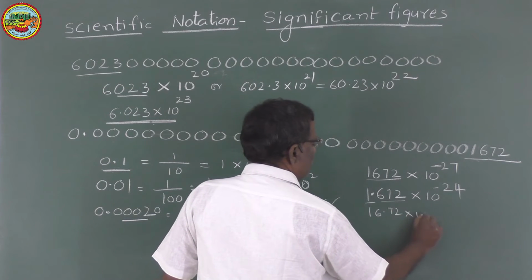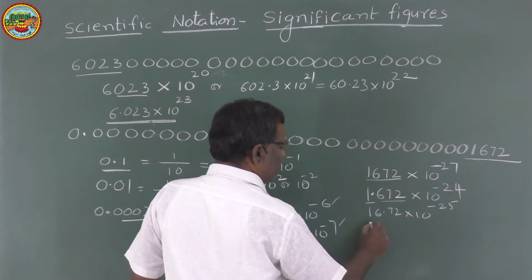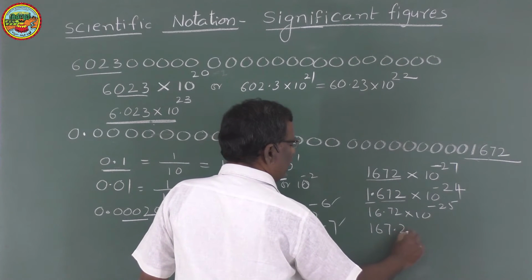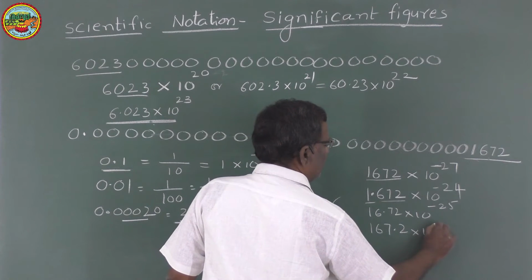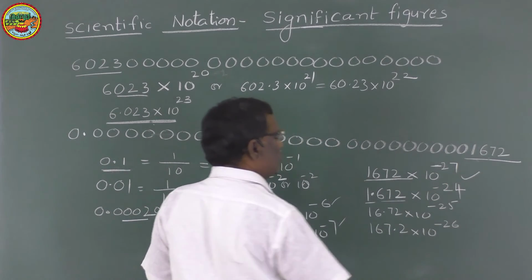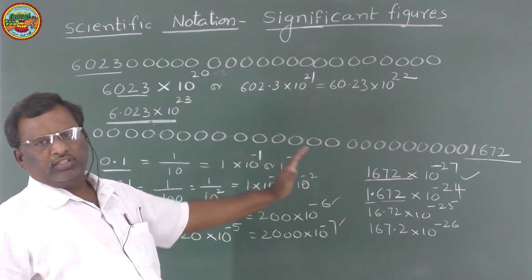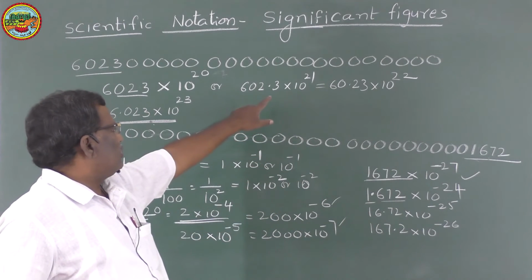So you can also write it as 16.72 into 10 to the power minus 25. Or you can write it like 167.2 into 10 to the power minus 26. Or 1672 into 10 to the power minus 27. So we can change the decimals in the positive manner.